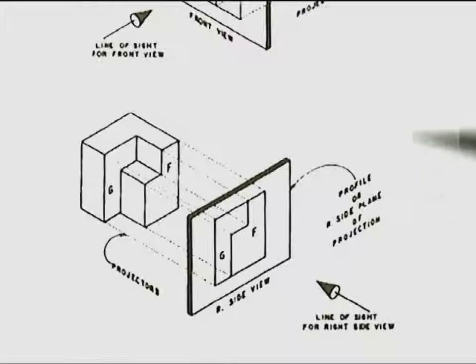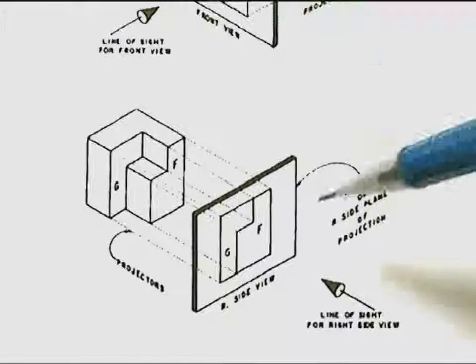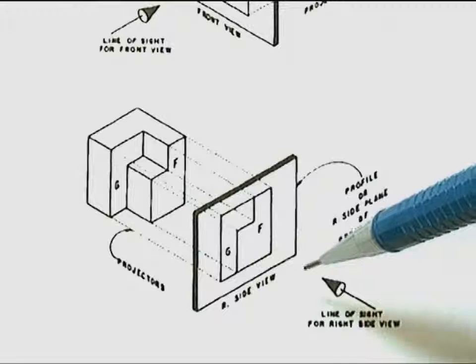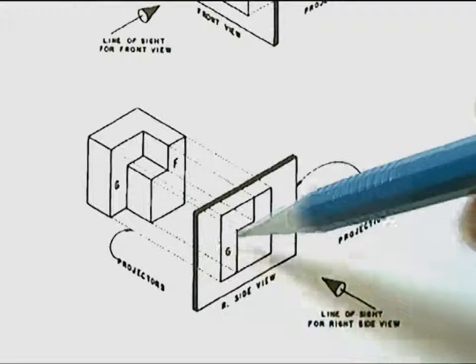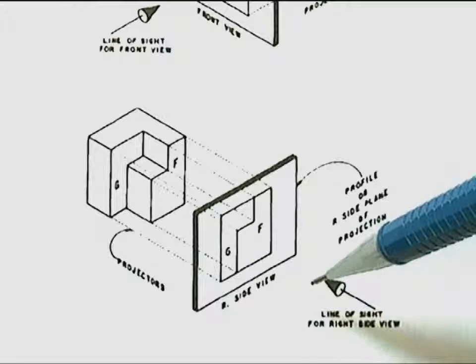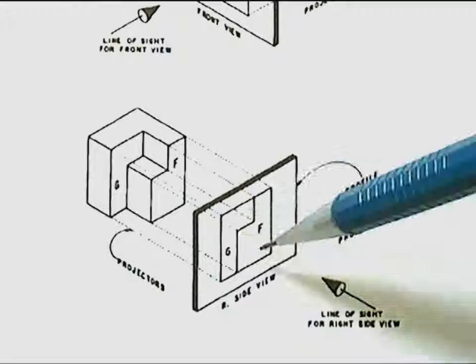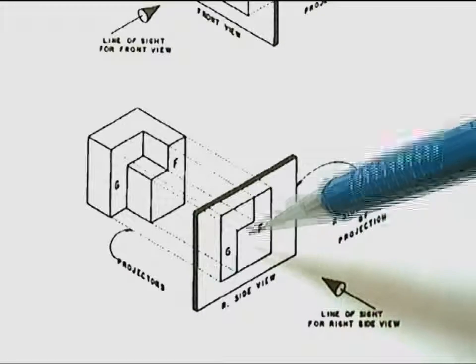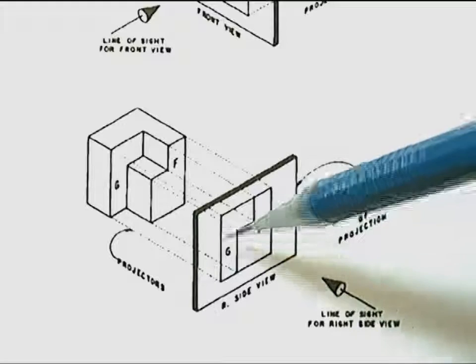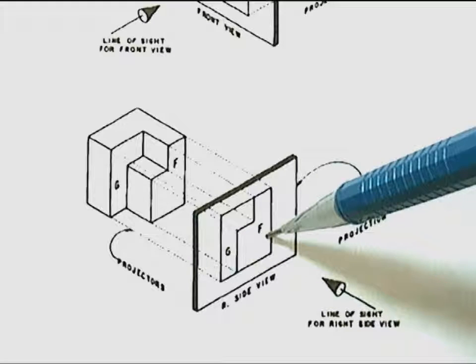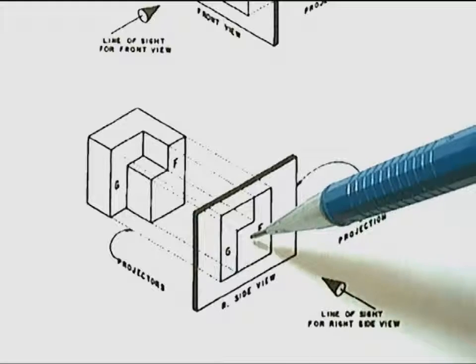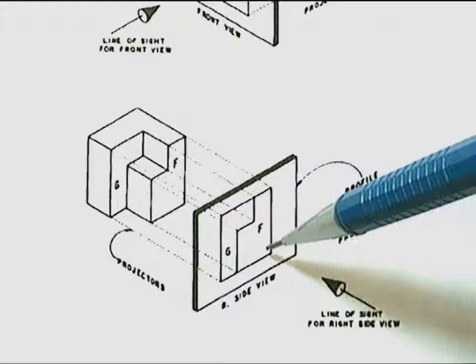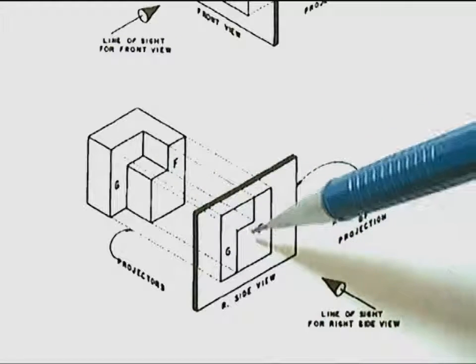All right. When G and F are projected to the side view, they also appear next to each other. The surfaces are at different levels, though. We have to look at the top or the front view to tell what their width is. Okay, how much width do they have?